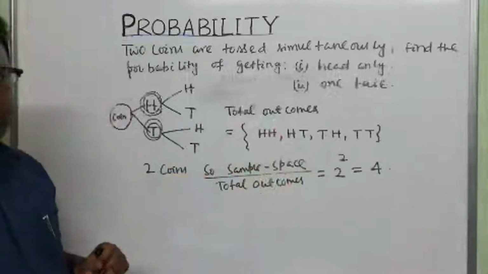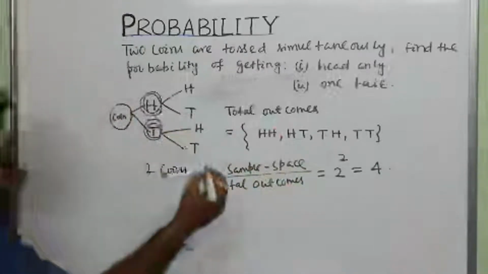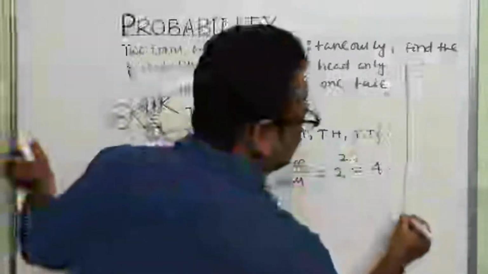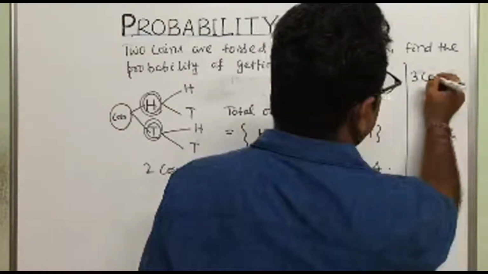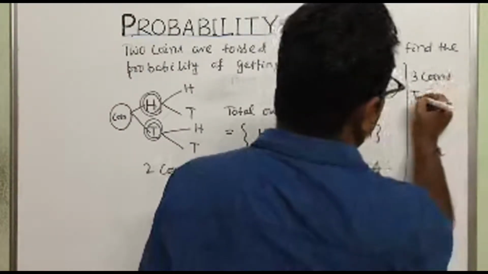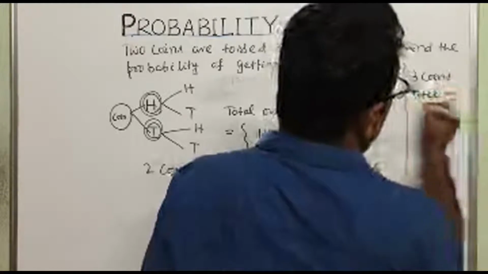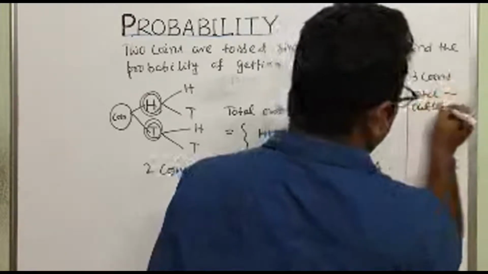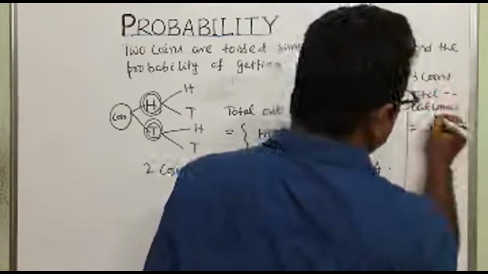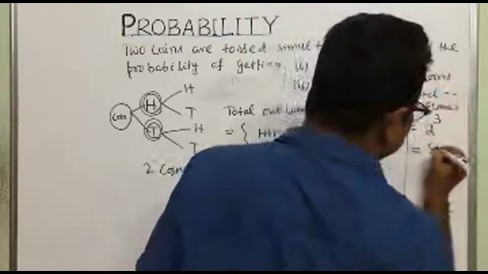If 3 coins will be there, then the total outcome is equal to 2 to the power 3, which is equal to 8.